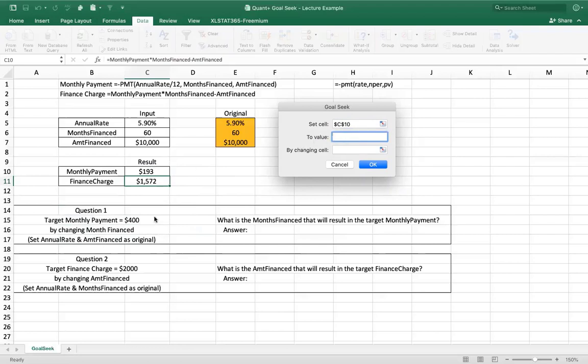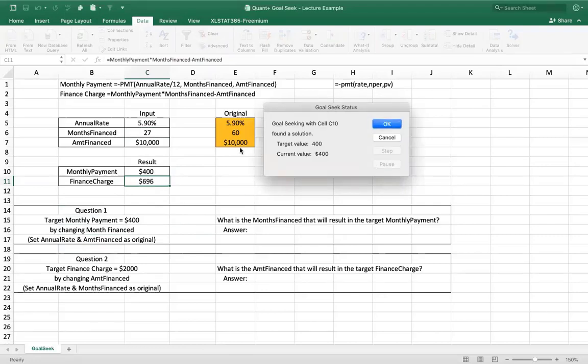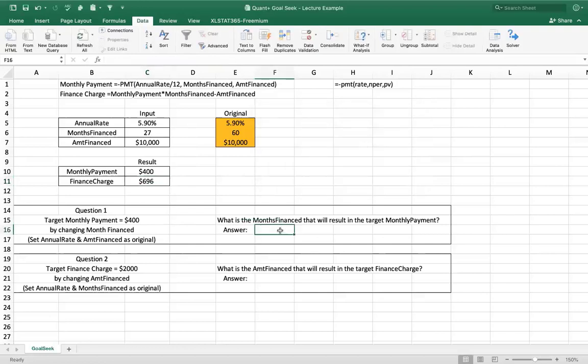To value, I'll type 400, by changing cell months financed. Here's months financed, I'll click on this cell, C6, and let's see what happens. Okay, the notification tells me Goal Seek with cell C10, monthly payment, found a solution. So here is months financed. Our answer is 27 months.